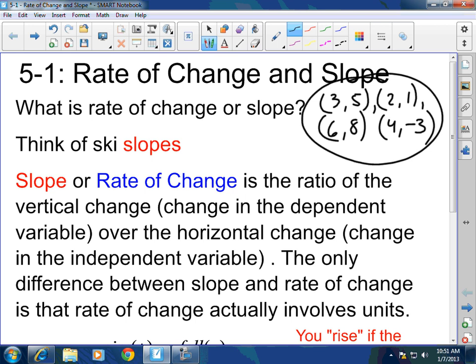So we're transitioning from that into linear functions for chapter 5. It is a function, that's why it's a linear function, but it's linear. We had said that linear means it is a straight line, okay?